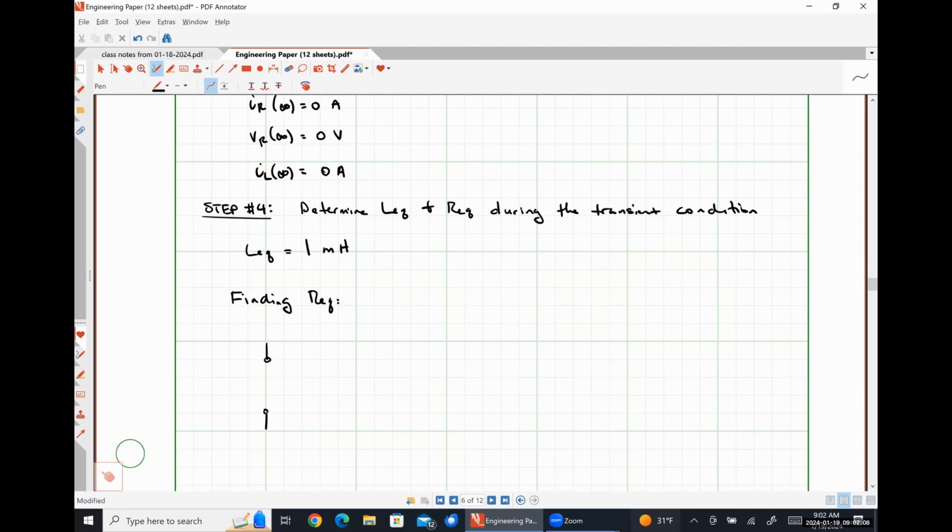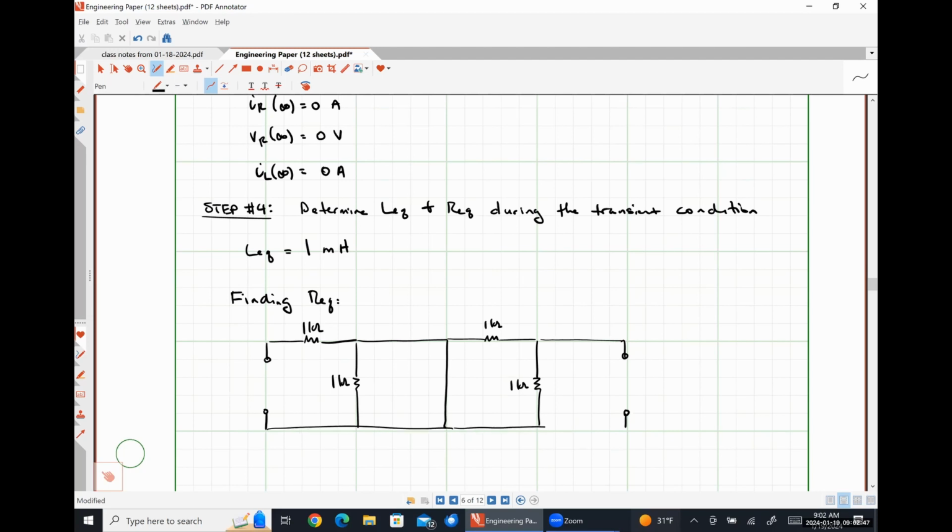These open circuited terminals over here on the left are where my inductor was. I have this 1 kilo ohm resistor, this 1 kilo ohm resistor, my short circuit because my switch is closed during the transient condition, this 1 kilo ohm resistor, this 1 kilo ohm resistor, and then over here, I have an open circuit because I need to be looking at a dead network.